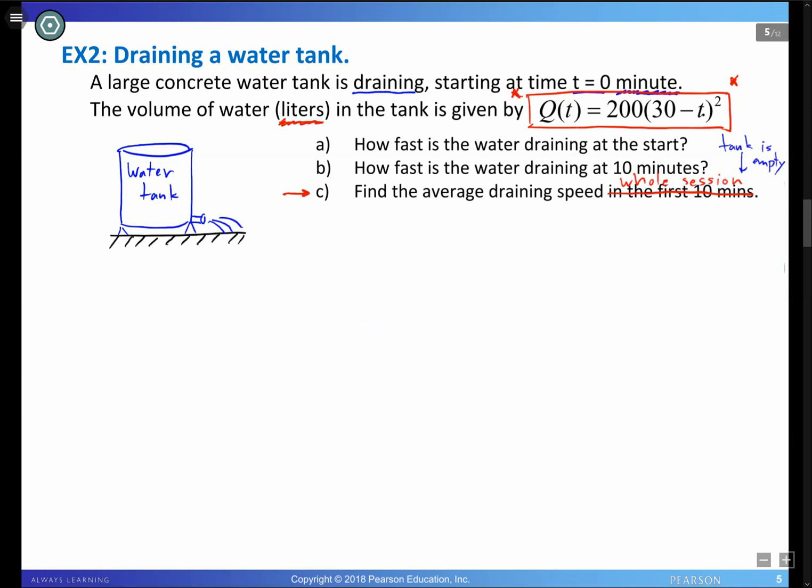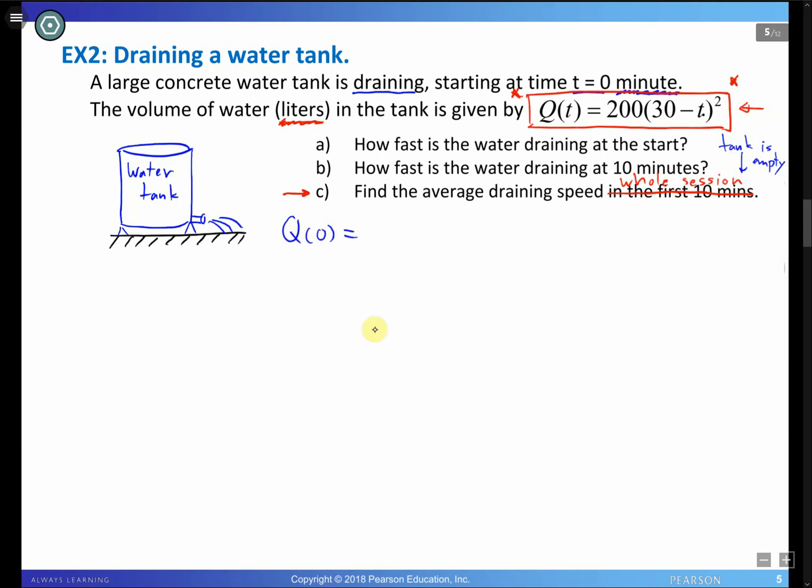Now let's take a look at some basic information we can get out of the main function that we have, Q of t. We want to know the amount of water at the start, at t equal to 0 minutes. Q of 0 equals, and we can use this function right away. So let's put 0 in.